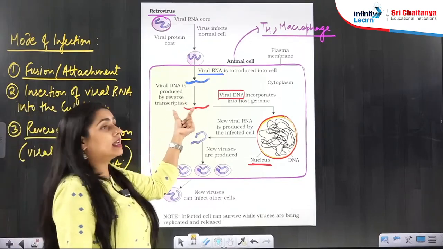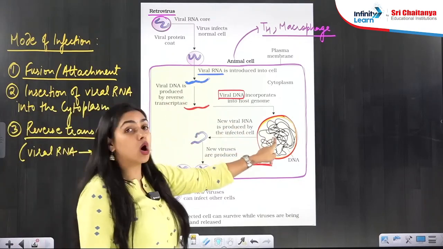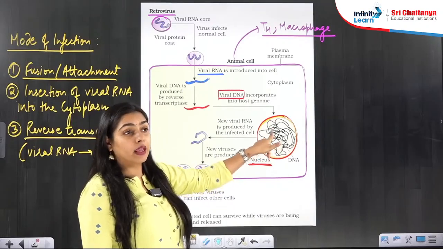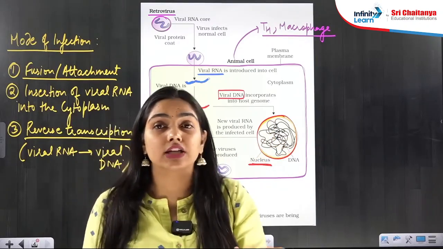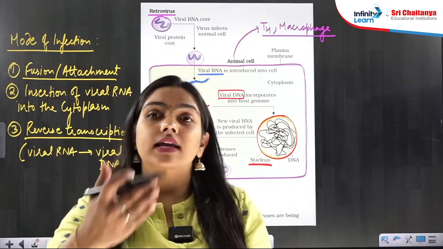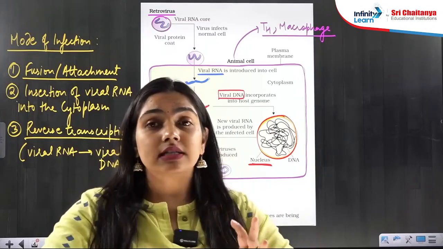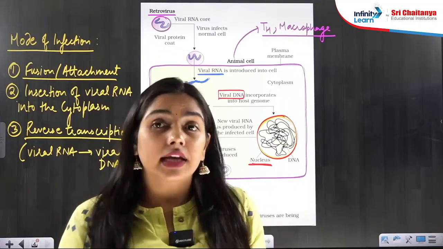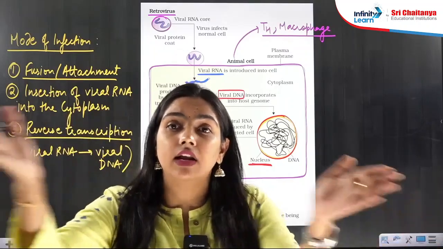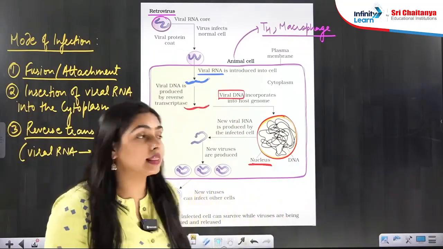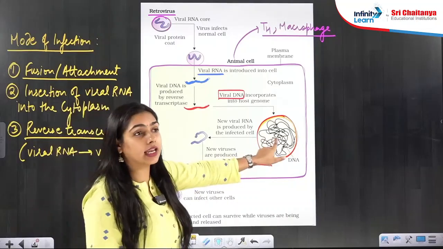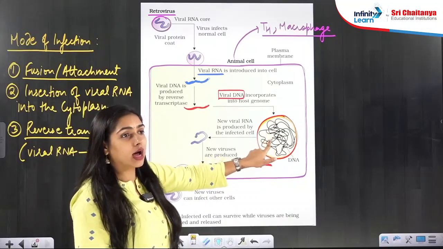Because this viral DNA will get attached to the host cell DNA, and RNA cannot get attached with the DNA. DNA only can get attached with the DNA. So first this virus will convert the RNA into DNA, and then the DNA will integrate with the host cell DNA. So yes or no, are you understanding?